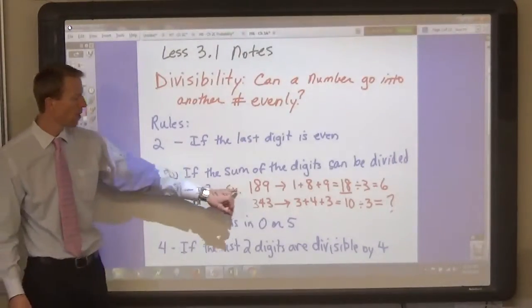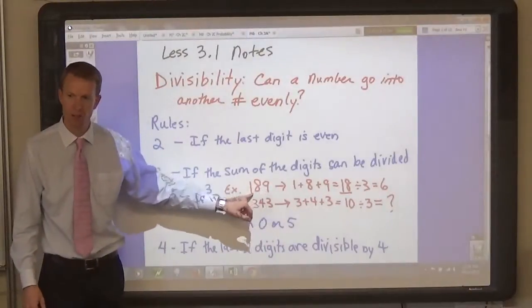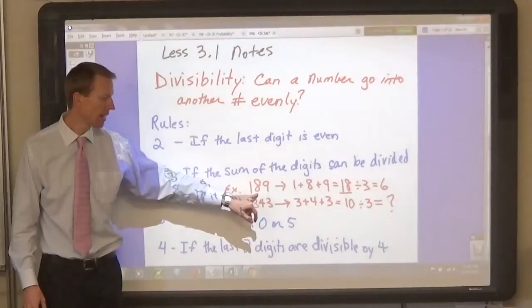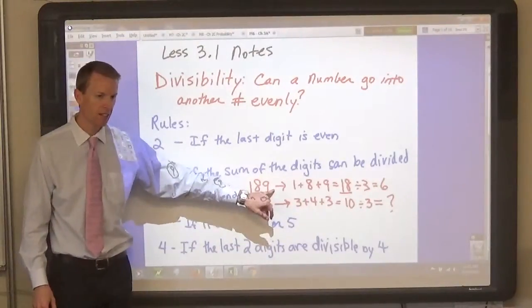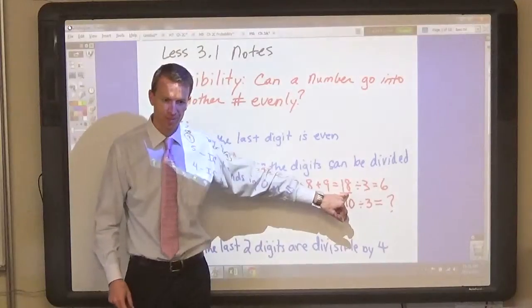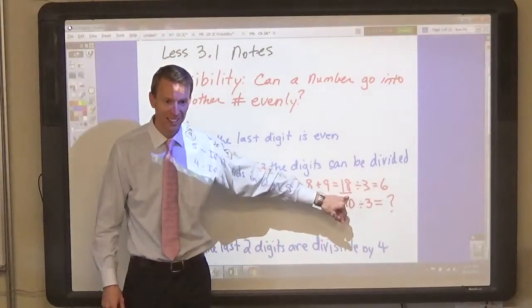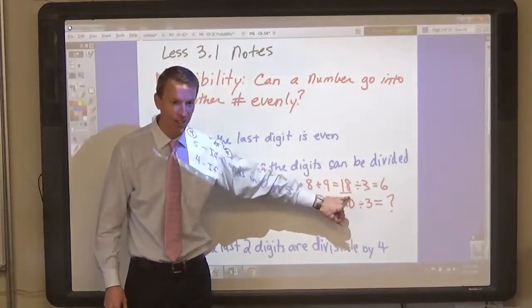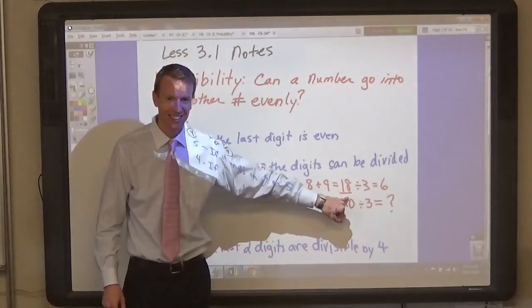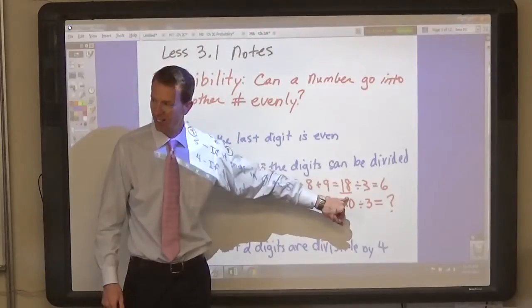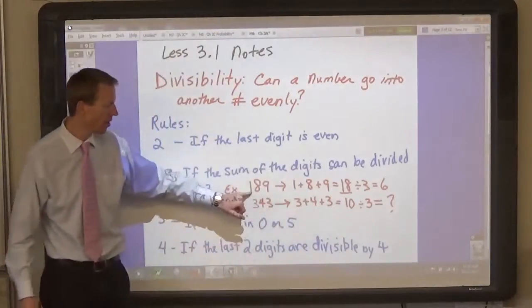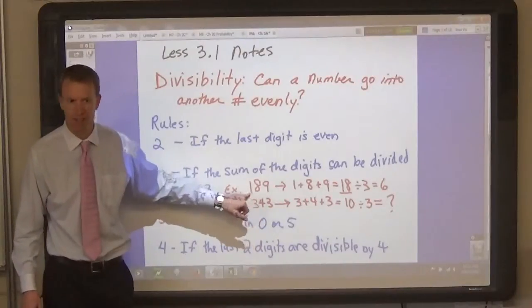So take the number 189. 1 plus 8 plus 9 is what? 18. Is 18 divisible by 3? Yes. So then 189 is divisible by 3.